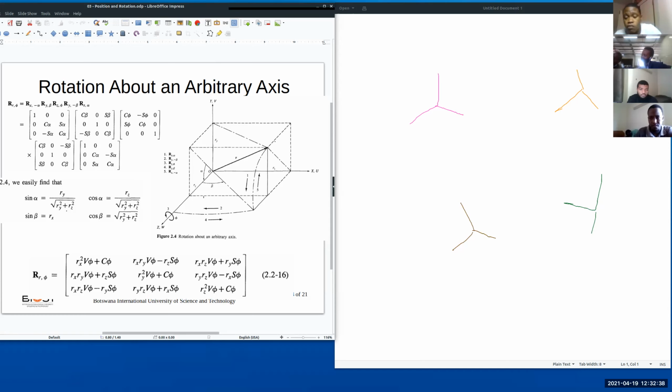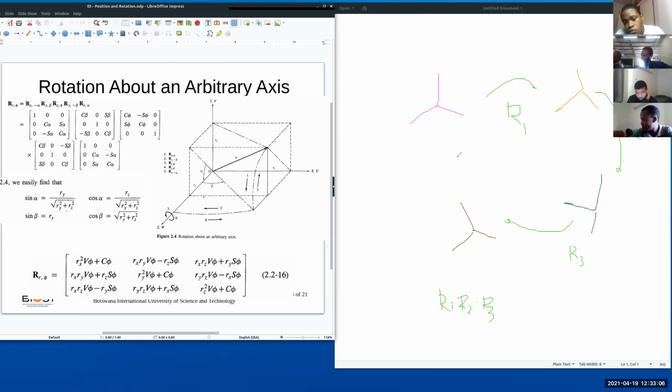So you keep on rotating, yeah? So you rotate here, you rotate here, you rotate here, okay? In that case, if you have R1, R2, R3, so you rotate with respect to the new frame. So you have R1 times R2 times R3.